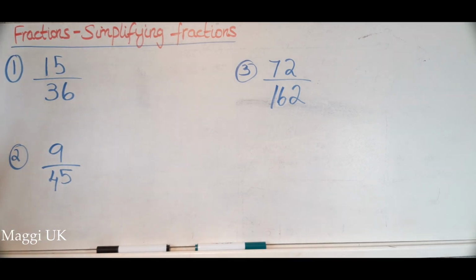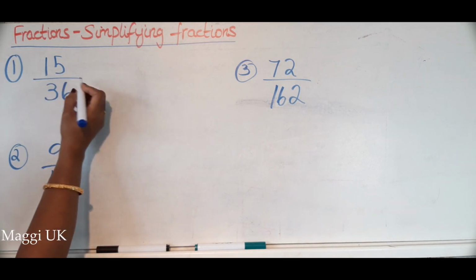Okay, so your topic is fraction, which is first we start from simplifying fractions. I have put some of the questions on the board, so I'm just going to show this one first. 15 over 36, you need to find a common factor for both of them, and then you divide and you will bring the answer.